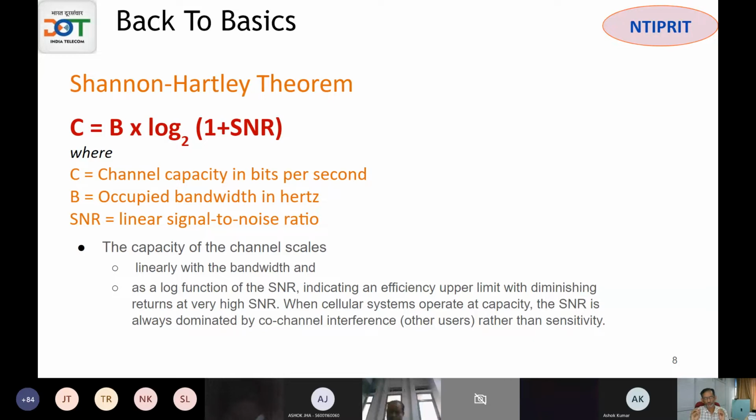So basically, these two are the things which I want to say: ultimately any RF planning boils down to controlling the signal to noise ratio. That is the fundamental role. Other things can be managed maybe by artificial intelligence or database optimization through self-optimizing networks.